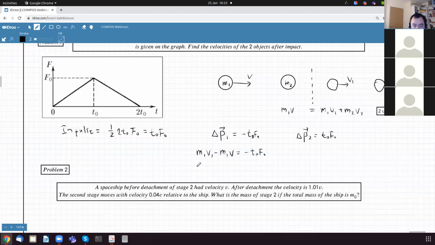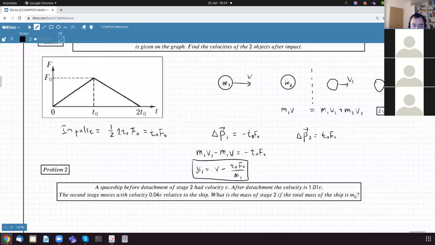And from here we get v1 is equal to v minus t0 f0 divided by m1. This is the final velocity of the first ball.